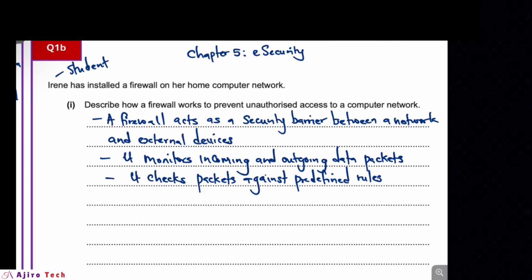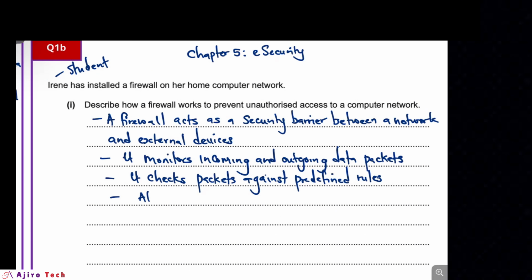Even if a friend sends something to her, saying view this, and she clicks on it, the firewall prevents her. It only allows what has been on the whitelist. Everything on the blacklist would not be allowed into the home network. So it checks the packet against predefined rules, and what happens?